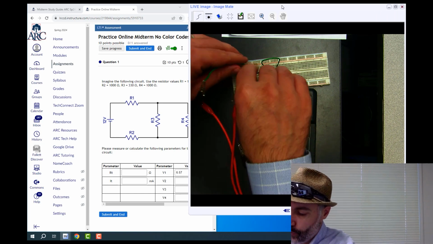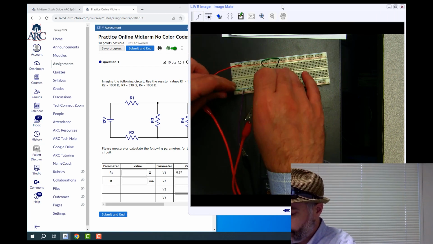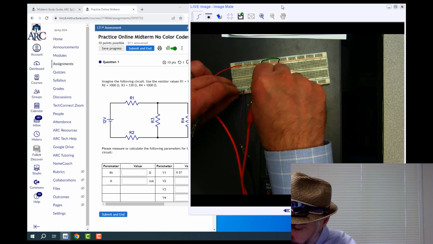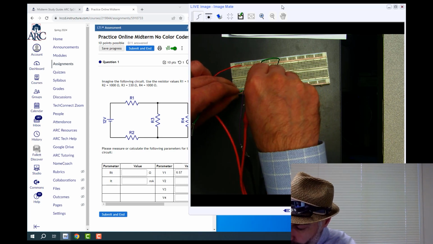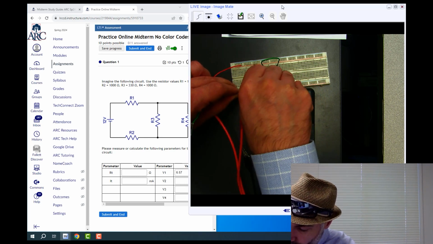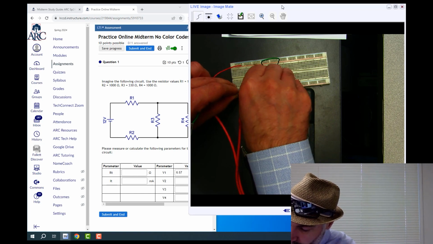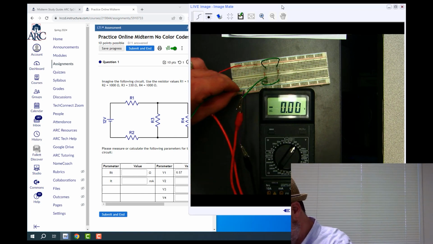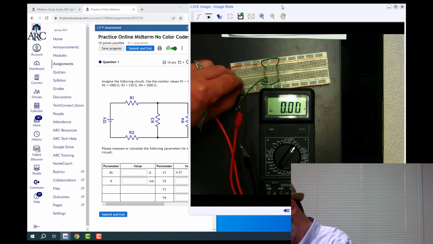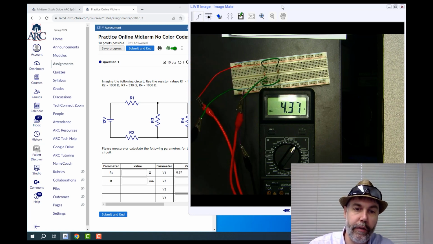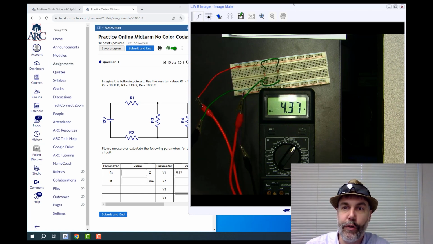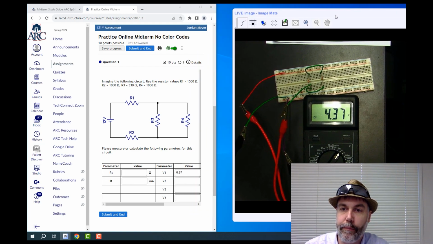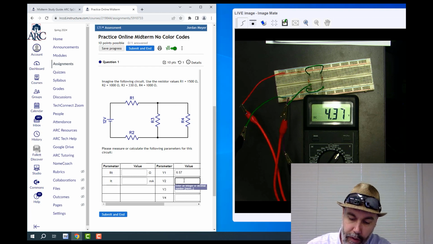So I can measure the voltage across this bottom resistor. So again, I plug these jumper wires into the same rows as these resistors. And so then I see that the voltage across R2 down there is 4.37. So I would put that in, 4.37 volts.